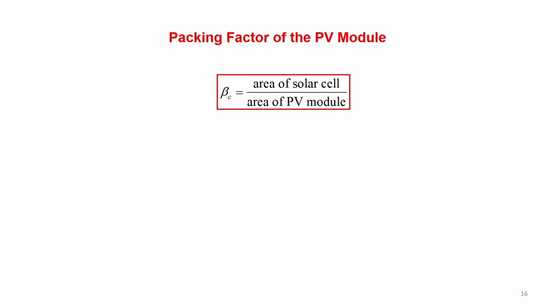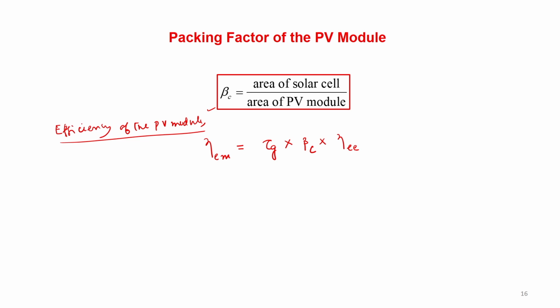So, once we are done with this, we might be interested in the efficiency of the PV module. It is represented something like eta m equals tau z times packing factor multiplied by the electrical efficiency of the cell.